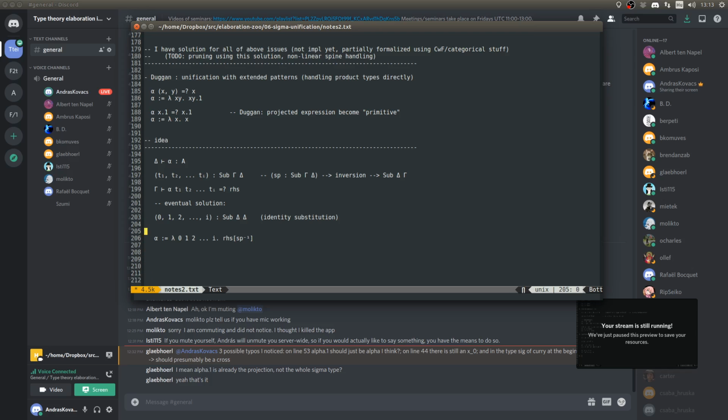And because De Bruijn levels are not very readable, it also makes sense, for illustration purposes, to name these variables starting from A. So we have A, B, C, something, dot array just SP minus 1.